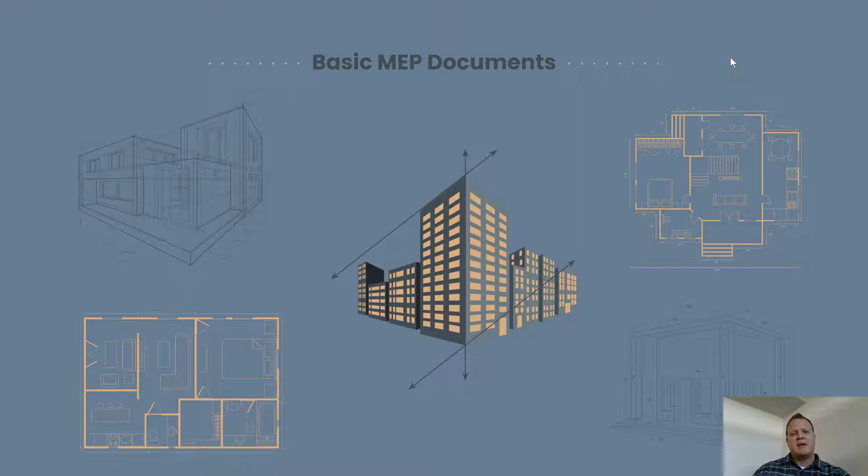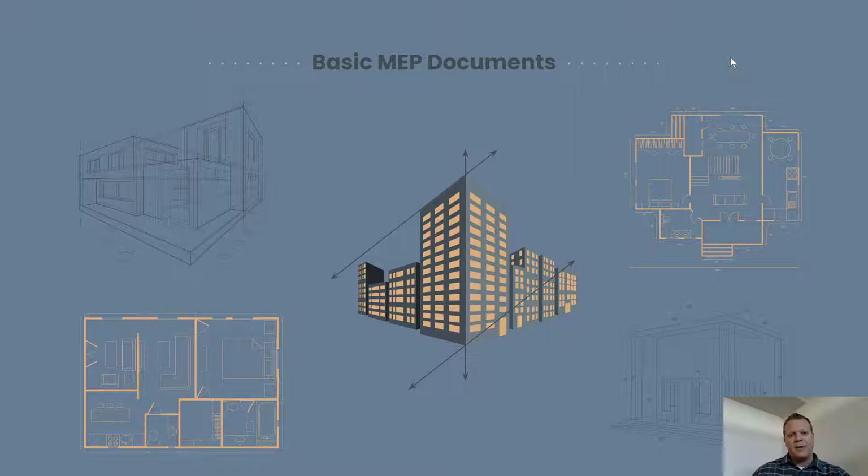The basic idea of mechanical, electrical, plumbing documents is something I need to discuss before going into more detail on specific systems or components or processes. We need to be able to find the information about these systems and these components, so today's lecture is really about the documents.